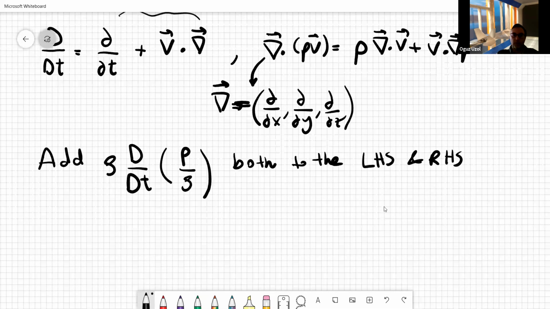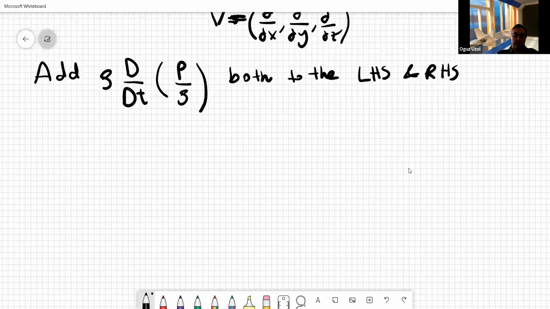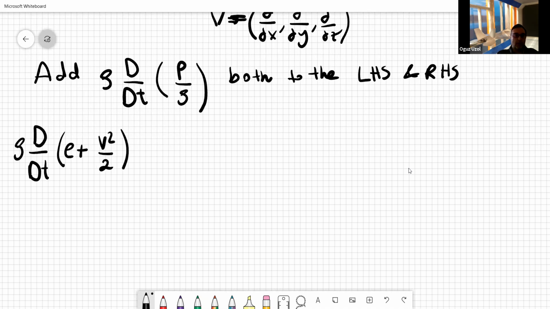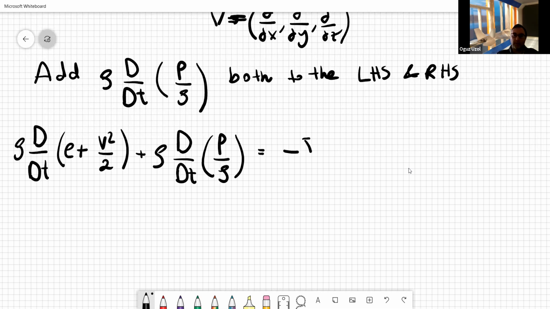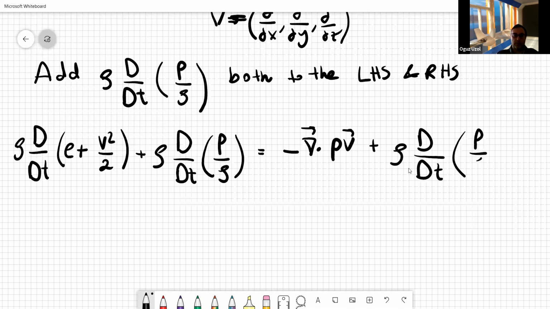And then we start to manipulate the equation a little bit. So what do we have right now? We have the material derivative of our total energy, E plus V squared over 2. And now I added this term, rho times d/dt of p over rho. This must be equal to, on the right-hand side, minus gradient dot product pV plus I added this term again, rho D/Dt of p over rho.